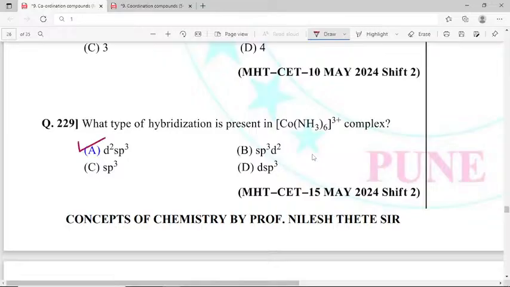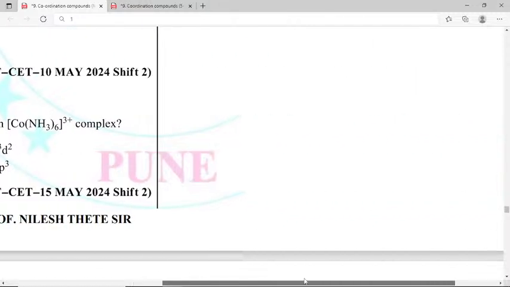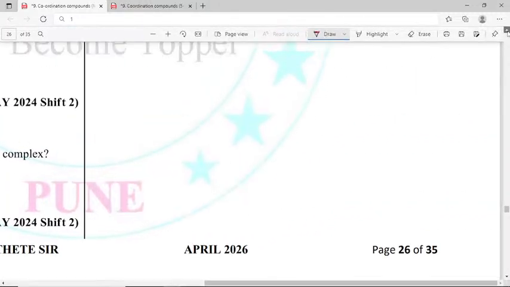So this is d2sp3. Inner sphere complex, because it is a strong field ligand. It is a strong field ligand, so called an inner sphere complex.